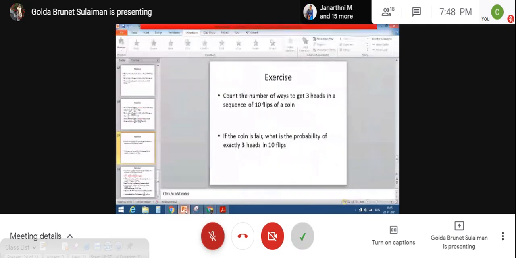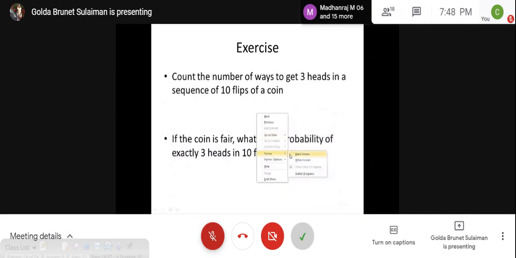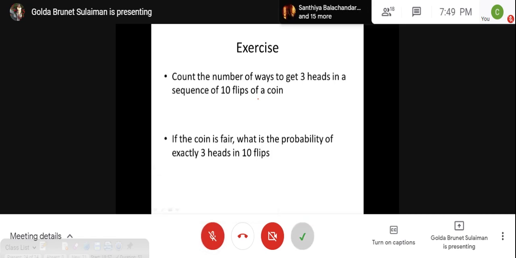Just respond, because I will not be able to see whether I am even connected with you. Hope you understand what I said, right? So either you can apply the product rule, or you can go with the combination rule. And what about this one?